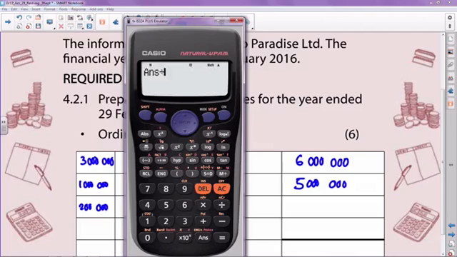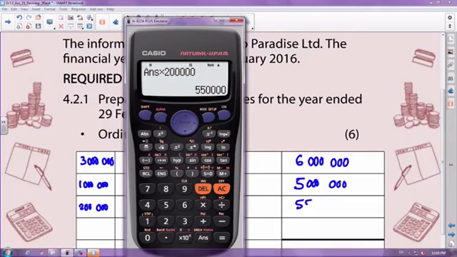Divided by the number of shares at that point, which was 4 million shares. This will give me a value of 2 Rand and 75 cents being the average price. Multiply that now by your 200,000, and that will give you a value of 550,000.